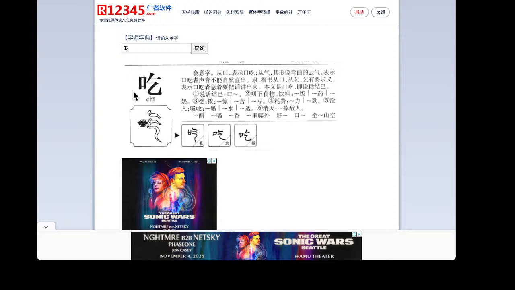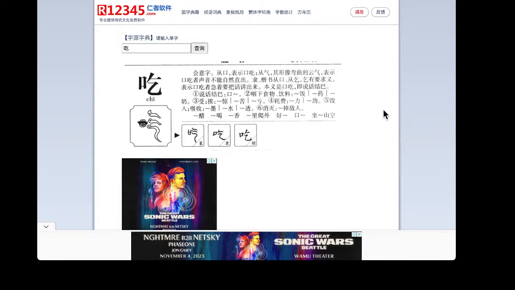It has the mouth radical and on the right hand side the radical for 乞, which means fogs and clouds in the sky, not straight, but curvy and unstable.